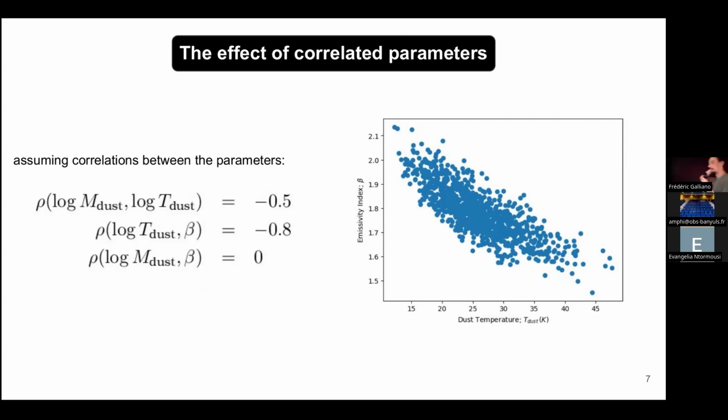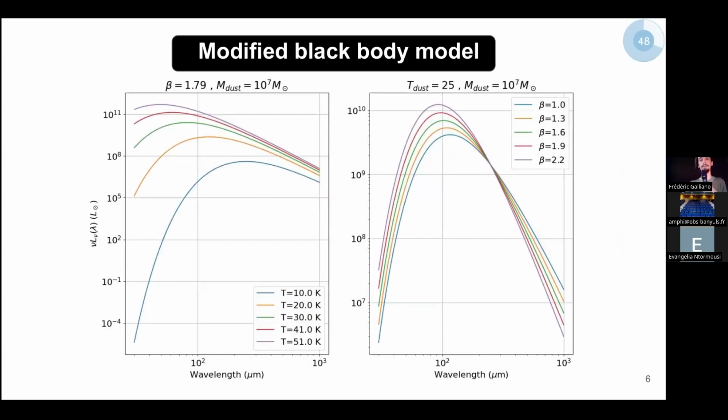Okay. So yeah, we started off by generating 1,000 realizations of these parameters. As you could see in the previous plots, the beta parameter and the temperature parameter are both very good at modifying the slope and the peak of the blackbody spectrum at far infrared wavelengths, so they are degenerate.